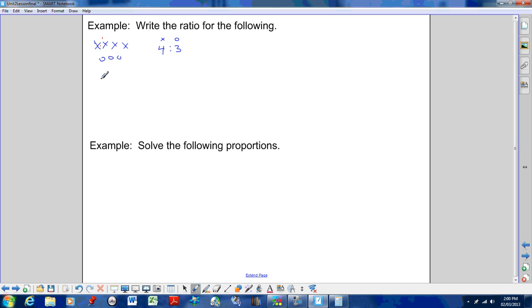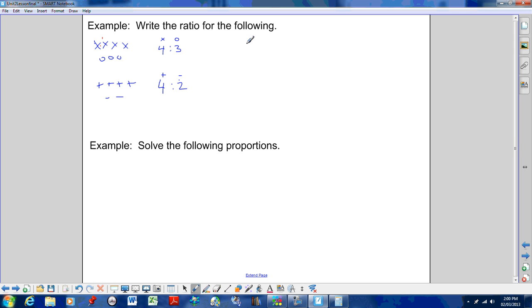If I did the plus symbols, we would have a 4 to 2 ratio of positive to negative. So all we're doing is setting up that ratio, the relationship between one item and another.